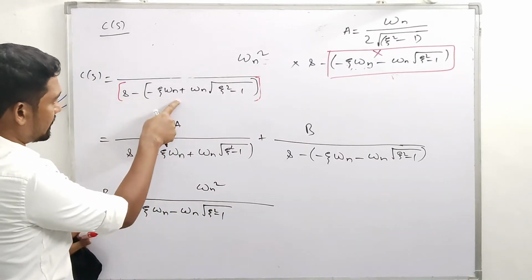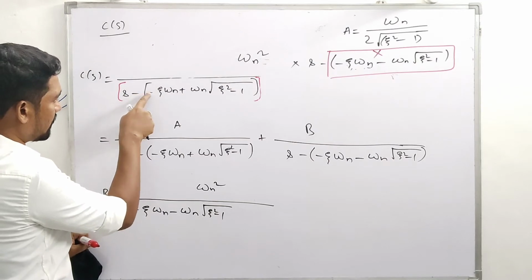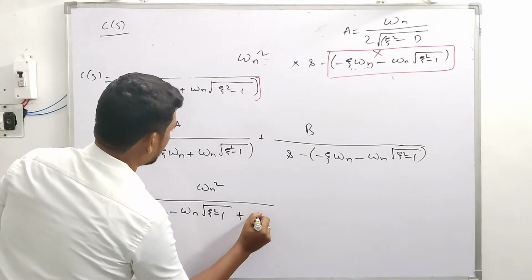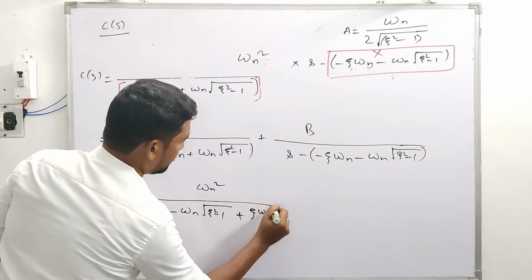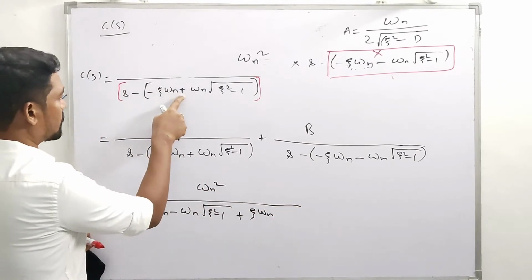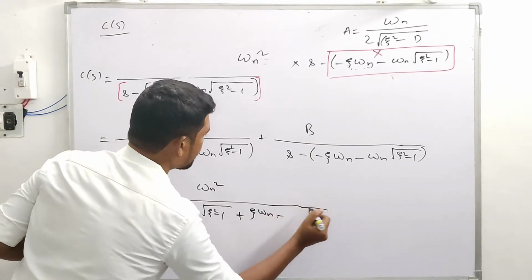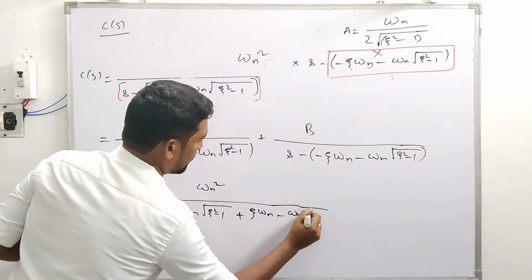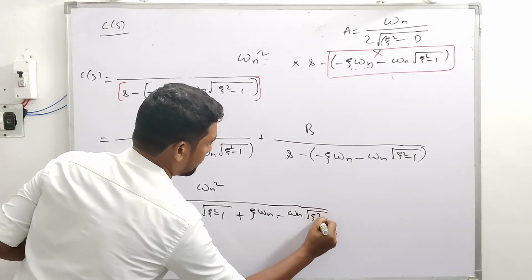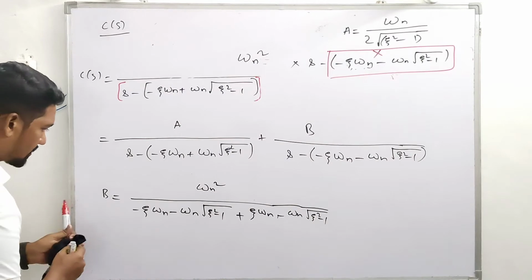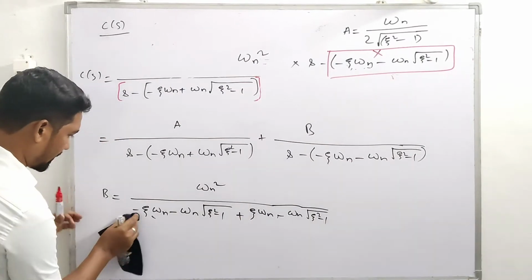This will continue as it is, negative into negative is positive plus zeta omega n, negative into positive is negative, it's omega n into under root zeta square minus 1. So something gets cancelled, this negative and positive exist no more.